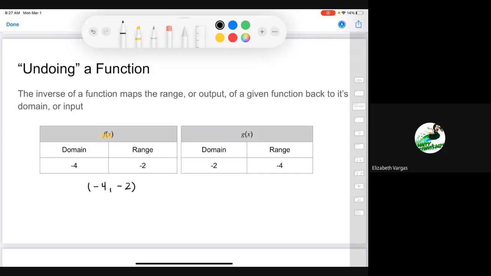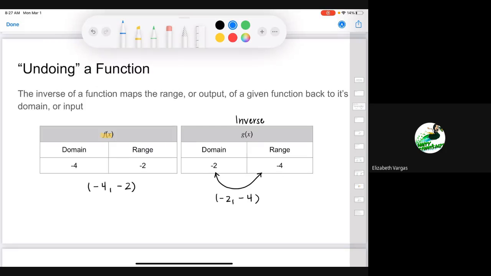What this is basically telling us is that the inverse, let's say g(x) is the inverse, switches the input and the output. In the inverse, the coordinate would be (-2, -4).